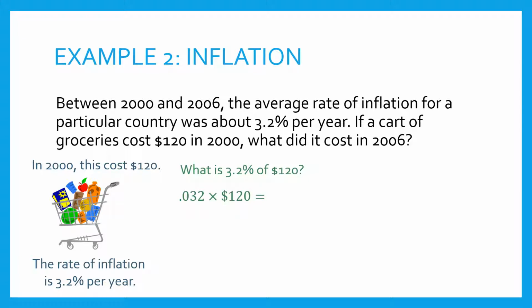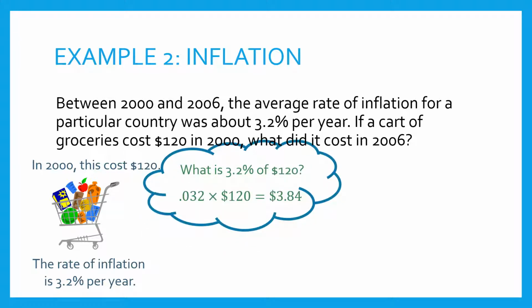This is really easy to find out. You just have to convert this percentage into a decimal. So 3.2%, that's 0.032. So 0.032 times $120 is $3.84. So each year, this cart of groceries goes up in price by $3.84.